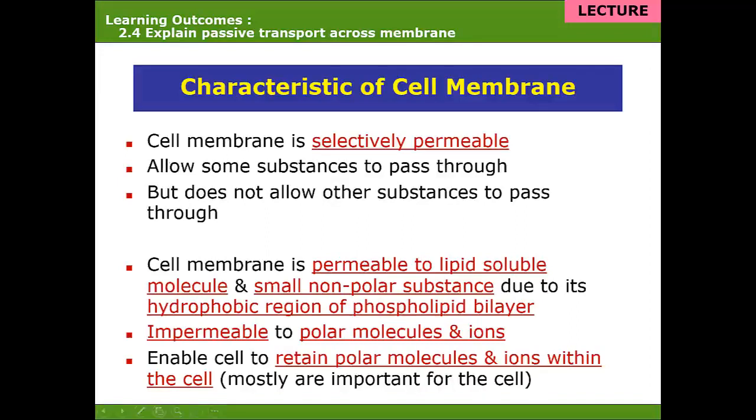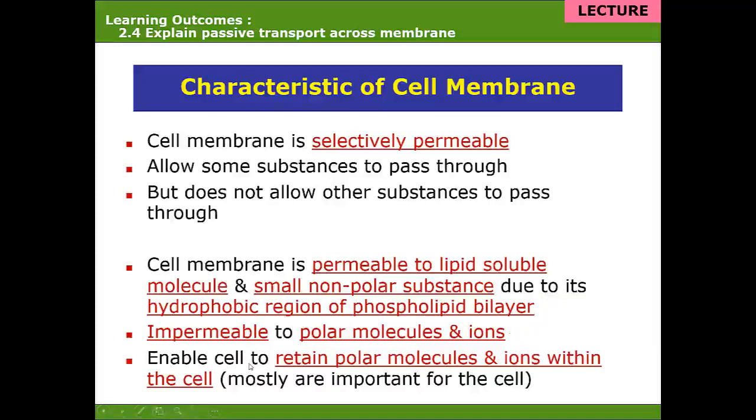Okay, so the cell membrane is permeable to lipid soluble molecules, since it has this hydrophobic region of the phospholipid bilayer. So it's permeable to lipid soluble molecules and small nonpolar substances, and it is impermeable to polar molecules and ions.